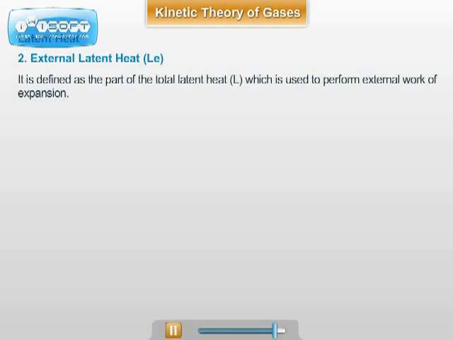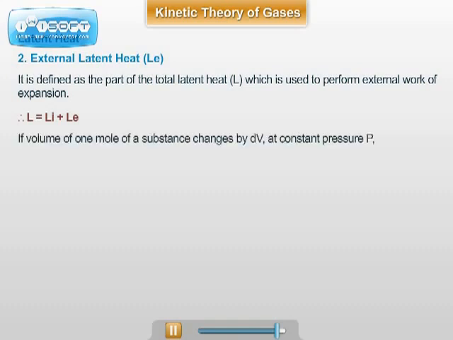It is defined as the part of total latent heat L which is used to perform external work during expansion. It is denoted by Le. Therefore, L is equal to Li plus Le. If volume of 1 mole of substance changes by dV at constant pressure P, the external latent heat Le is given by PdV.